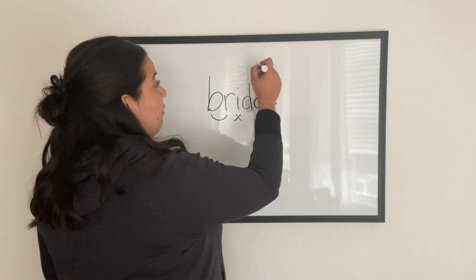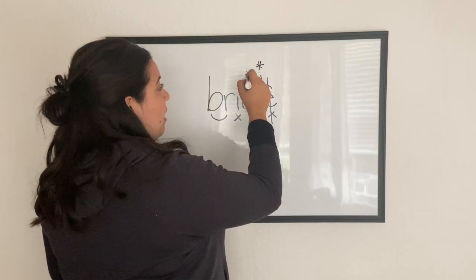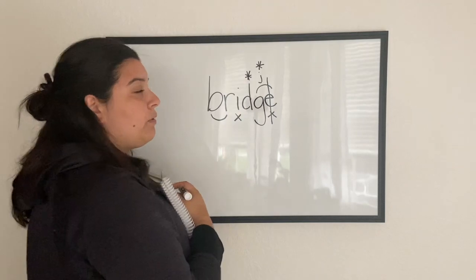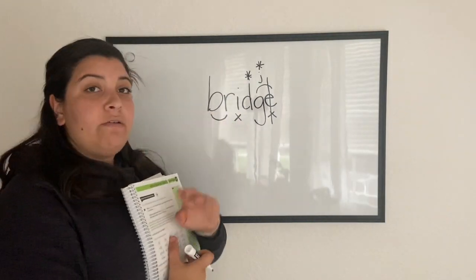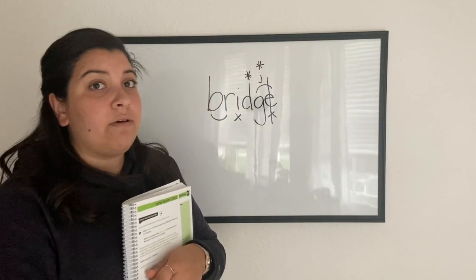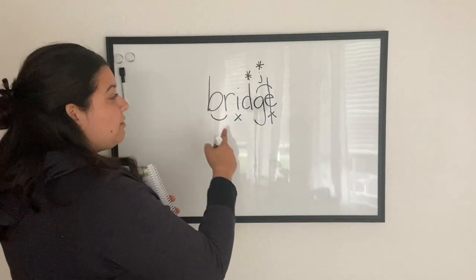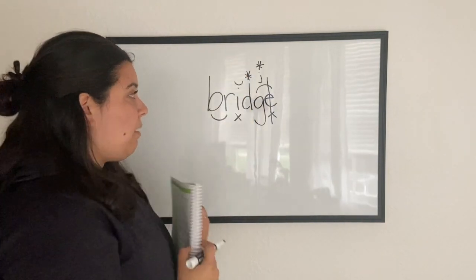So on top of rainbow J, I'm going to mark one guardian consonant star, and then over D, I'm going to put the other. So this makes sure that our vowel I says its short vowel sound instead of a long vowel sound. So because it's our short vowel sound, we're going to mark it with a breve over top.